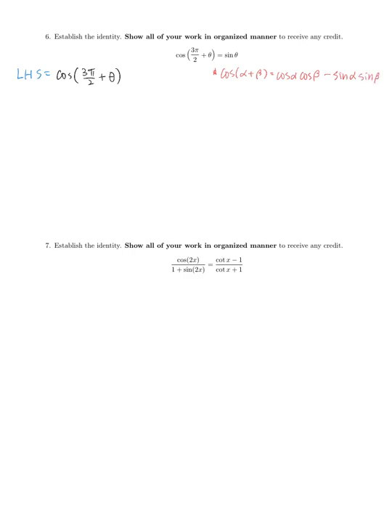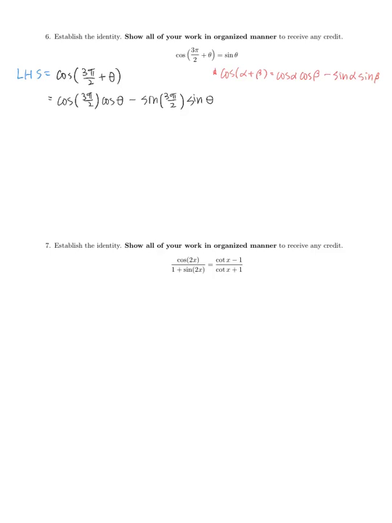Okay, so our alpha here is going to play the role of 3 pi over 2, and beta is just going to be the theta. So if I expand this out, then we get cosine of 3 pi over 2, cosine of theta, minus sine of 3 pi over 2, and then sine of theta.